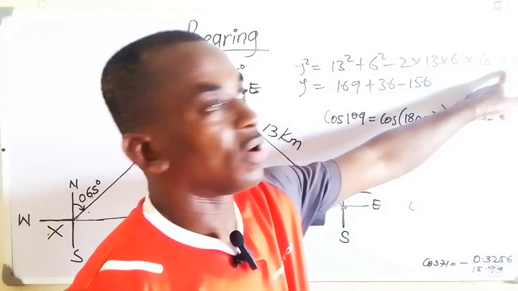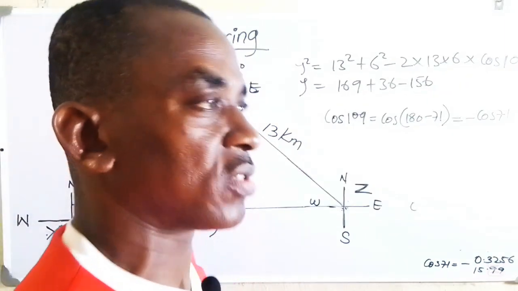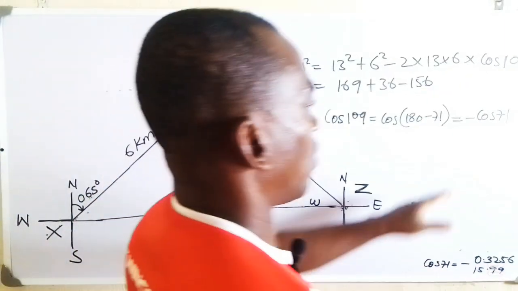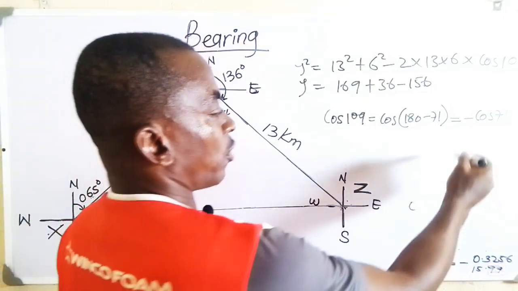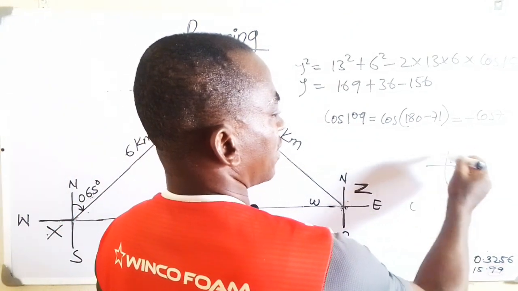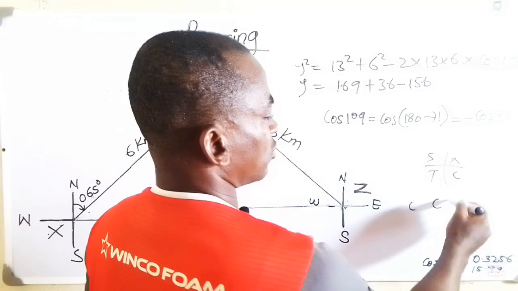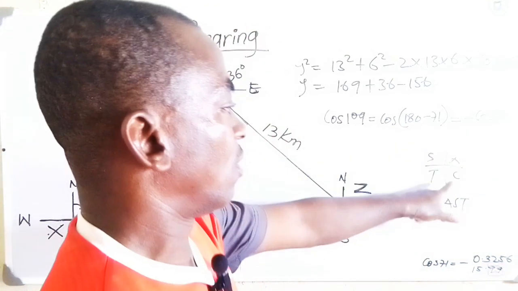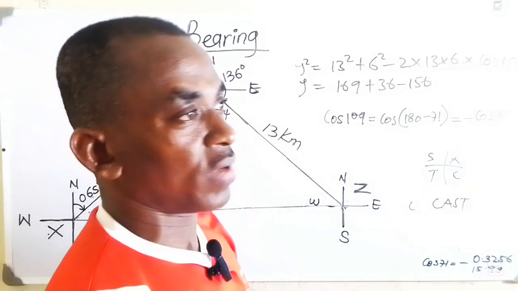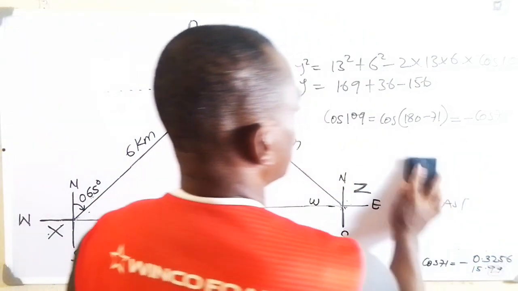It will give you minus 0.3 something. But I want you to know it so that you do not depend on your calculator. When you plot the four quadrants, represented by CAST, you know where the position is. The position of the angle will tell you which one is positive or negative.